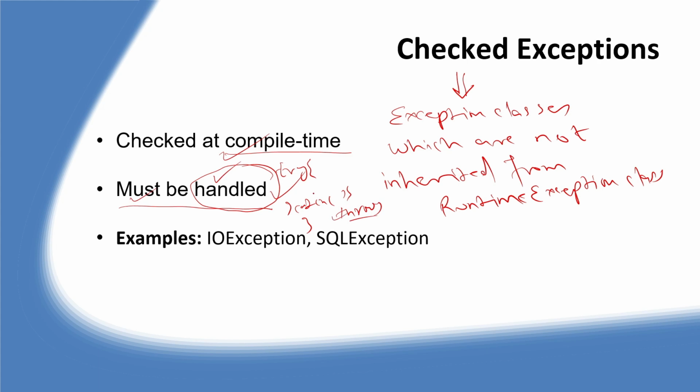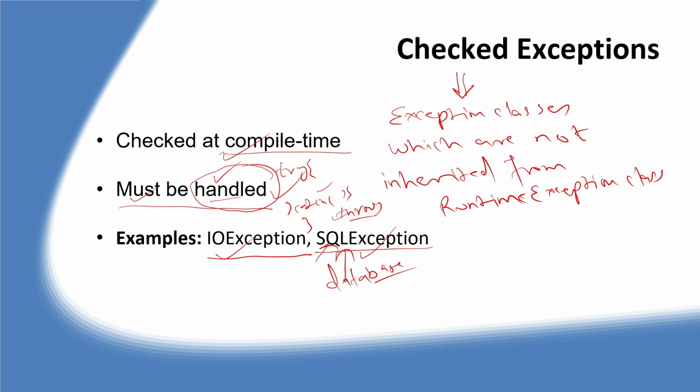We will see this part later. Examples are IOException, input output exception, or SQLException, which is related to databases. We will have a different playlist for SQL and database exceptions, such as a connectivity issue or something related to the DB.